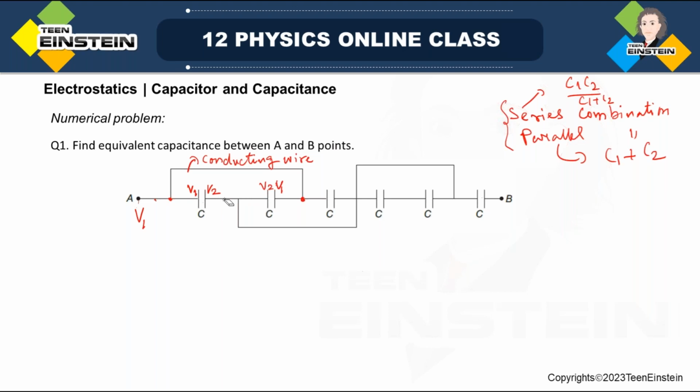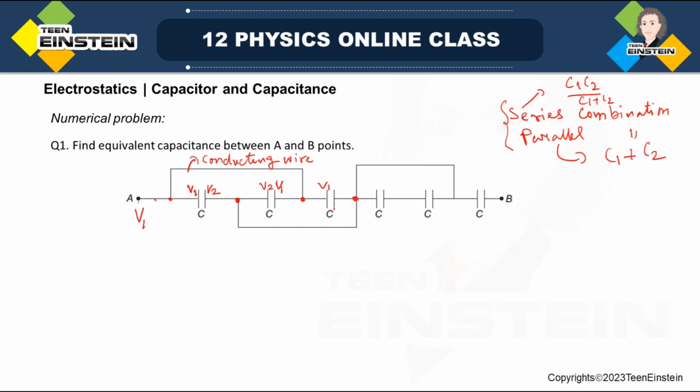Now this is at V1, and these are conducting wires, so no drop will be there, so this plate will again be at V1. But this point is at V2 all the way from here to here, so this plate is also at V2, and all the points here will be at V2, and this conducting wire goes and connects over here.